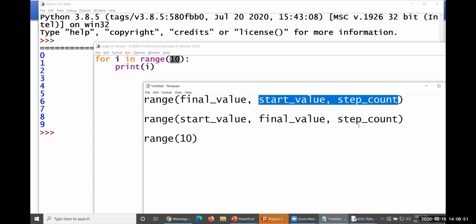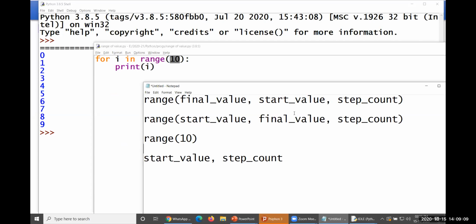By default, remember, by default, these two parameters will be assigned some values. What are the values that get assigned here? The start value and step count will be assigned by default like this. So the start value is always assigned 0.